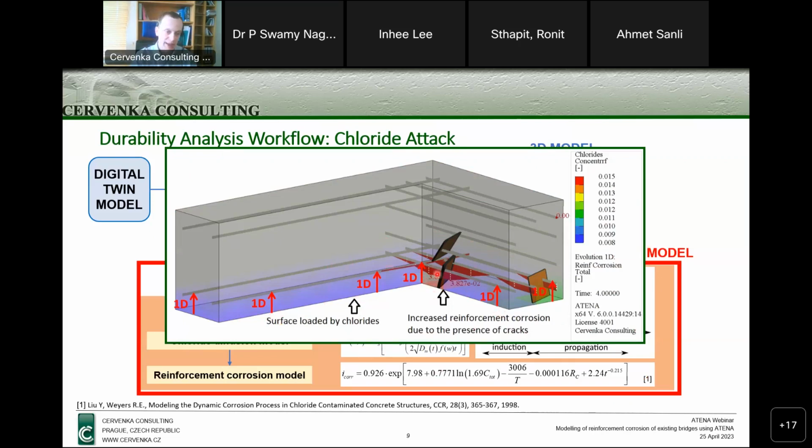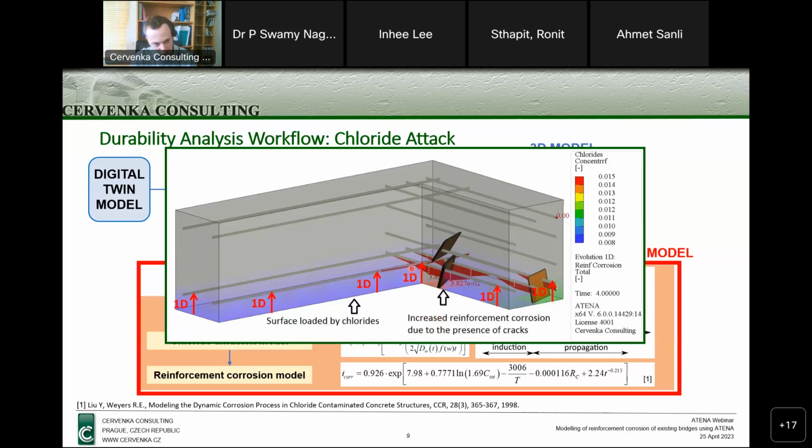However, due to the mechanical loads, the mechanical cracks developed in this segment. Then, when the chloride diffusion is computed, the chloride penetration in the region with the crack is accelerated, which results in higher reinforcement corrosion in this region.